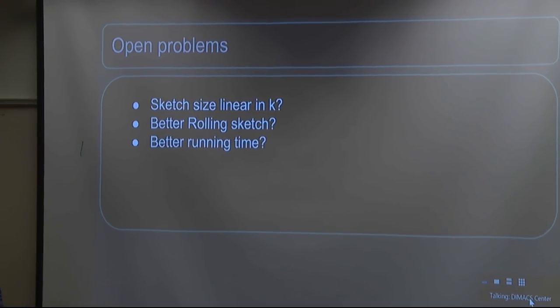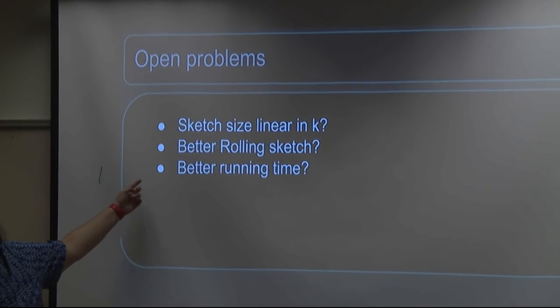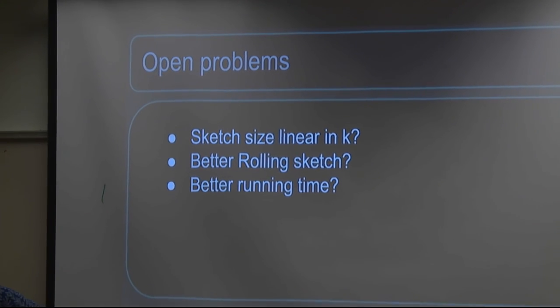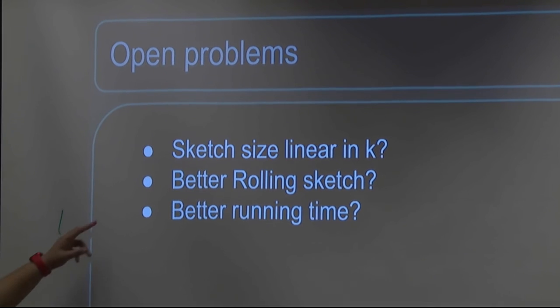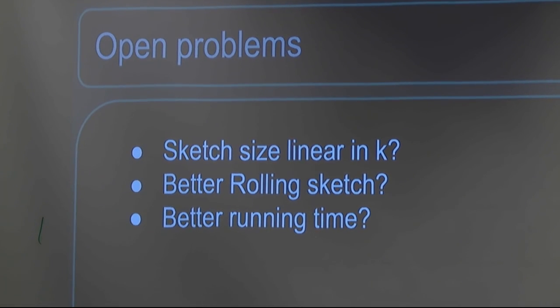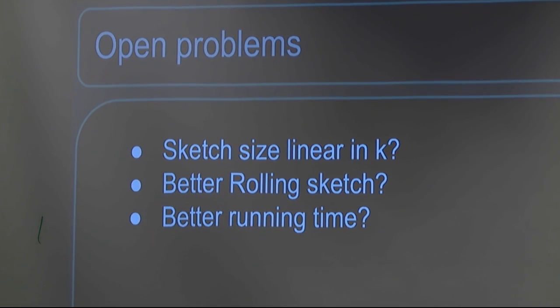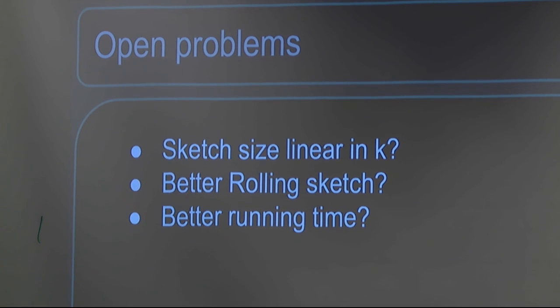I think your result doesn't do rolling, right? No. Okay. So the rolling part is open. And here we did not analyze it very well, so maybe the running time for the construction can be improved. Yeah, thanks.